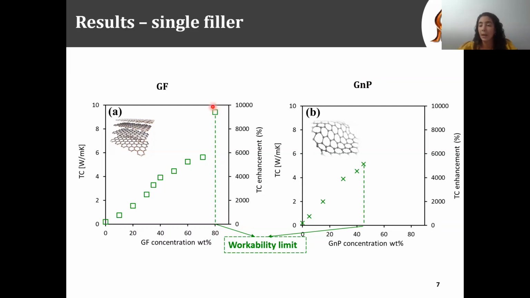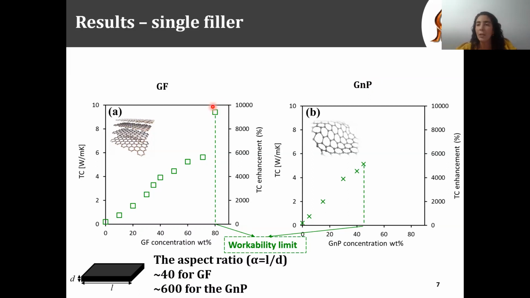Why is this happening? The possible explanation relates to the difference in their aspect ratio, since a high aspect ratio correlates to a high viscosity. Since we characterized our filler, we know that GNP has a drastically higher aspect ratio compared to GF, and this directly fits our results.